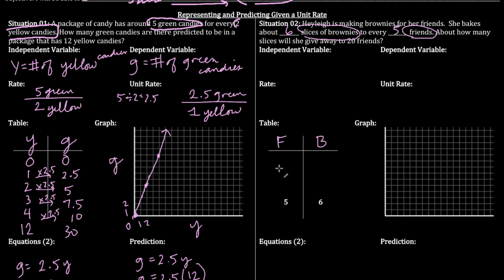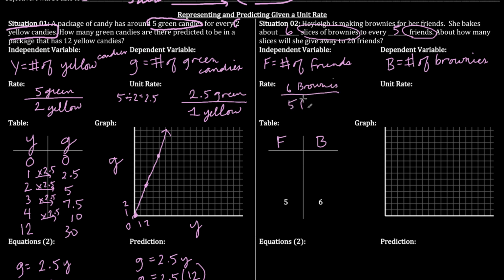So we are concerned with the brownies. Number of brownies and number of friends. The rate that it gives us is 6 brownies for every 5 friends.